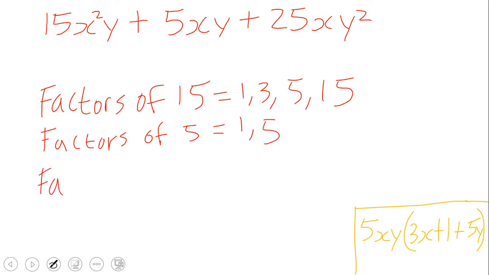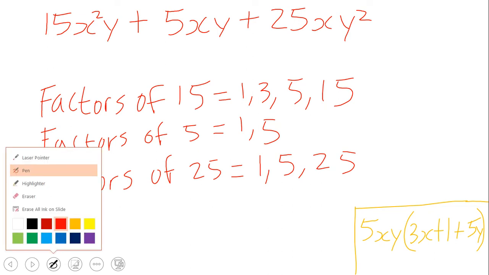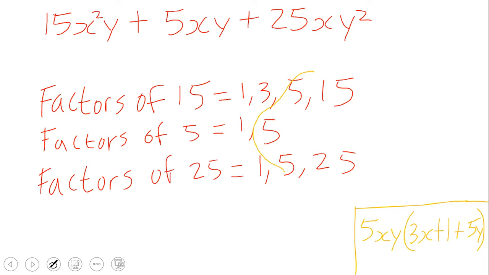Then factors of 25 are going to be what? 1 and 5, and 25. I can't think of any other. So the greatest common factor is definitely 5. So that's good.